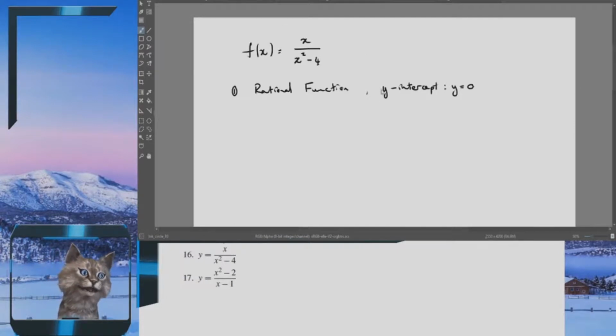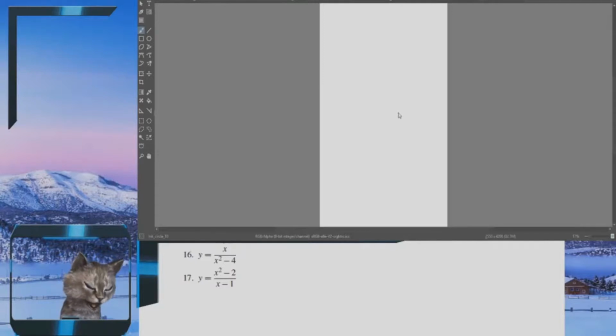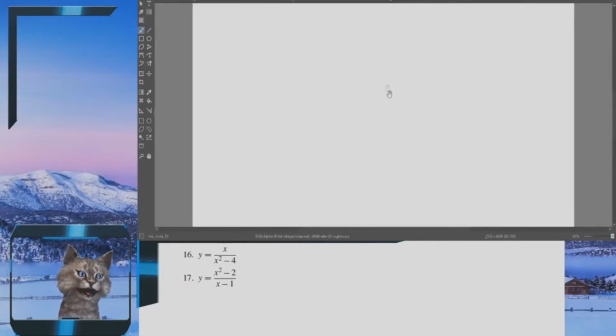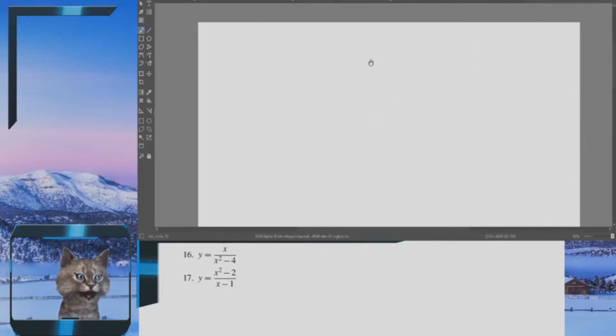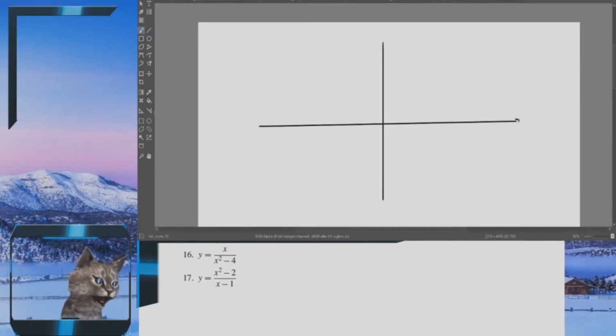So we can start putting some stuff on our graph to see how it eventually evolves and the shape becomes more obvious. Right now I don't have much. I have a y-intercept.